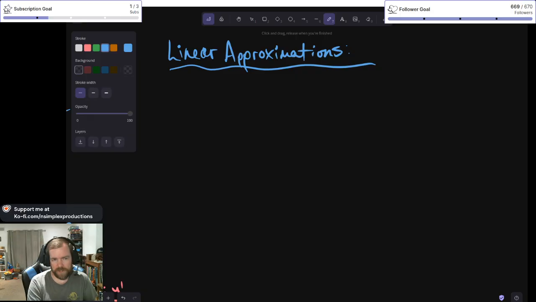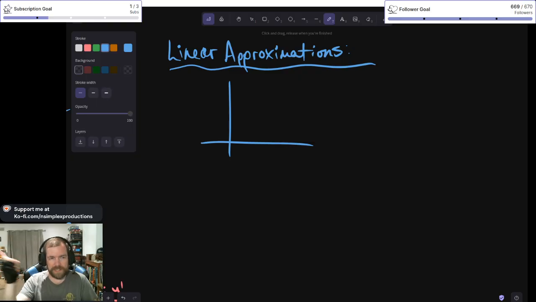With our linear approximations, basically we want to come up with a particular function where we don't know what a particular value is going to be, but we do have a known nice value.